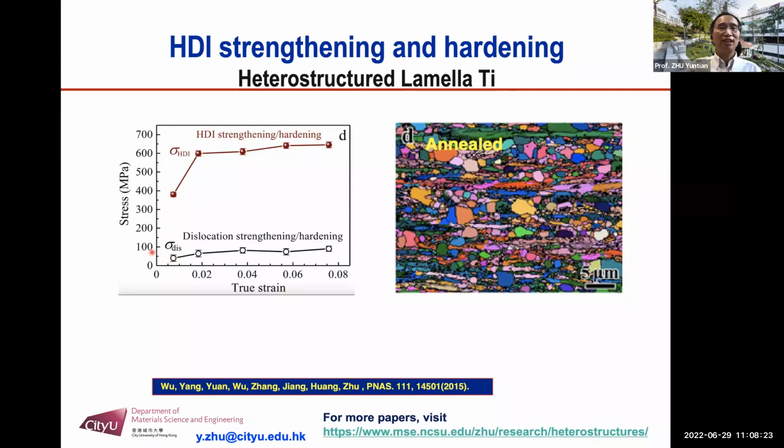I'm sorry, the HDI stress at the yielding is about 400 megapascal, which means due to the hetero-structure, they increased the yield strength by 400 megapascal. Then the HDI stress continues to increase with applied strain. That means you have continuous HDI work hardening.